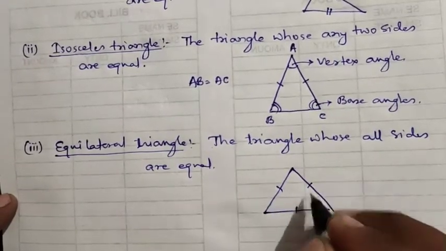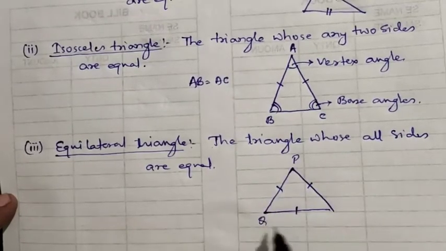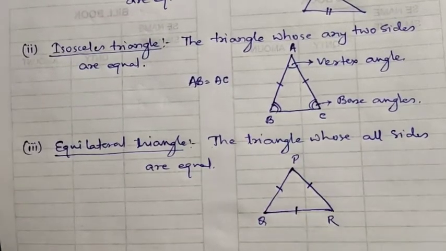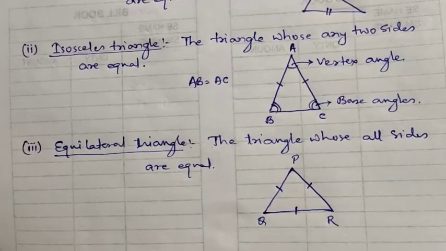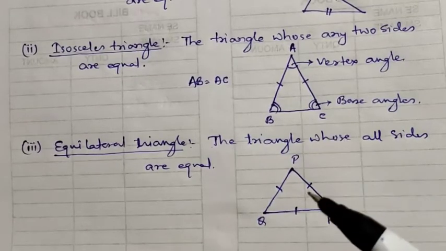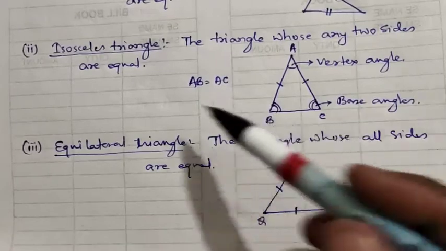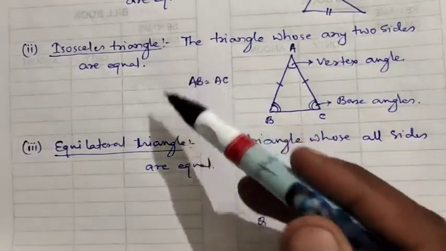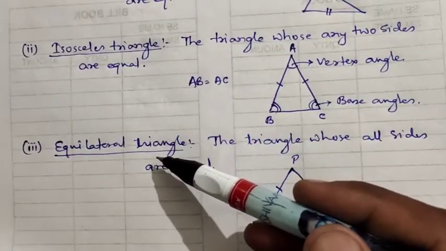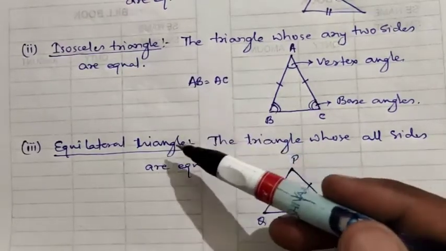All the three sides are equal. These were the three triangles on the basis of the side. Here I have given you a simple definition, but after some time I will discuss these two types again, because there are some properties and concepts related to these two triangles. We will discuss them just after this topic.